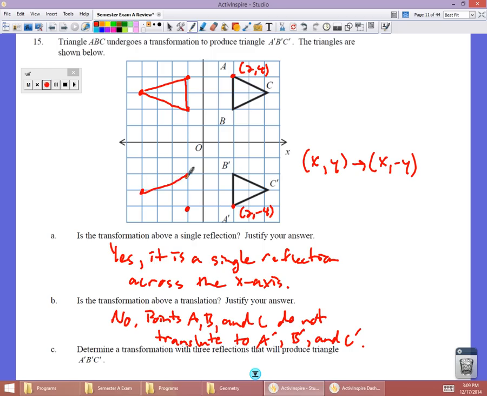And then finally, if we reflect it back across the y-axis, it would end up with our final image here.